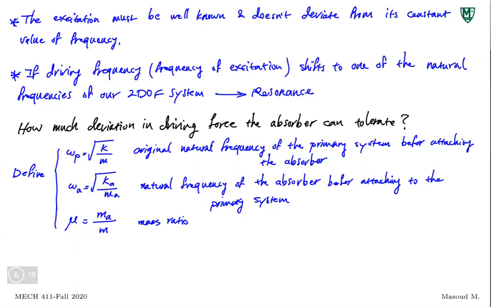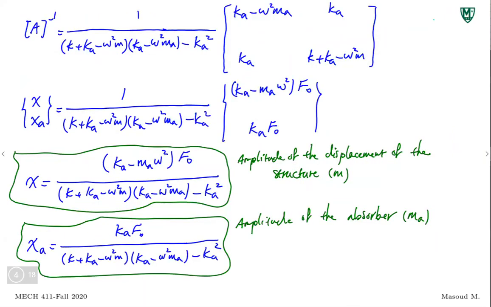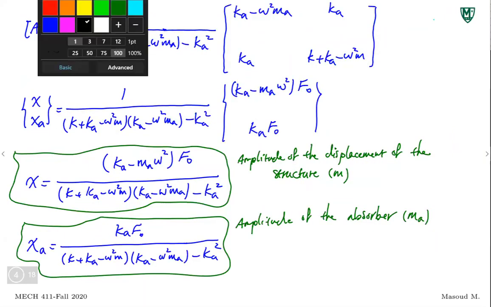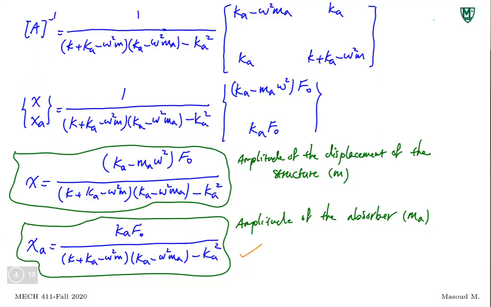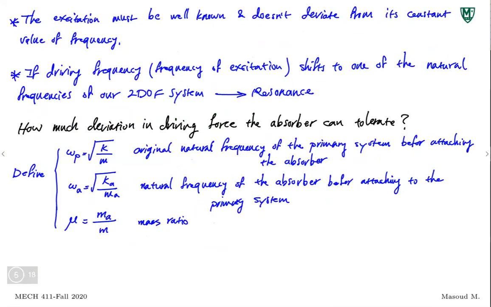All right, now I'm going to use these definitions. Let's start with Xa, the value of the equation we got for Xa, this relationship right there. Let's bring that to the slide. Xa would be this fraction: the numerator is (Ka minus ma omega squared) f naught.